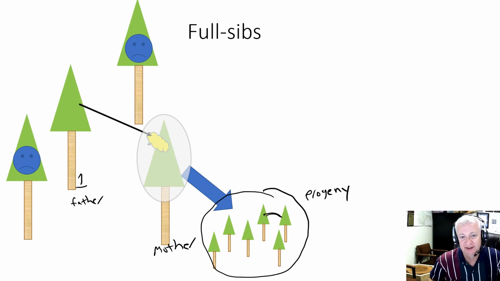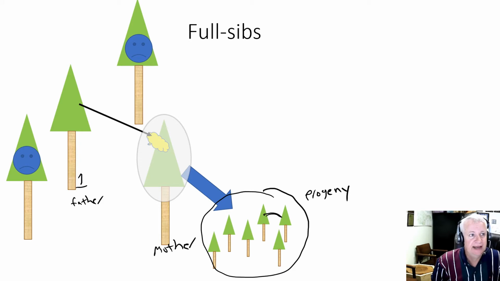Obviously, these half-sib, full-sib relationships can exist in human families as well, in the same way, same type of possible combinations. So obviously, full sibs have a greater genetic similarity to each other than do half-sibs. And there's less genetic variation within a full sib family than there is in a half-sib family.